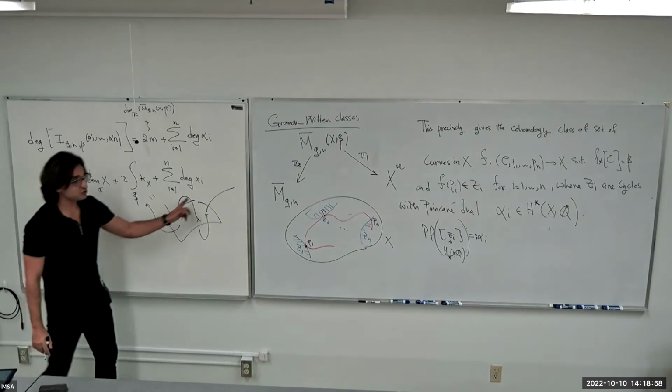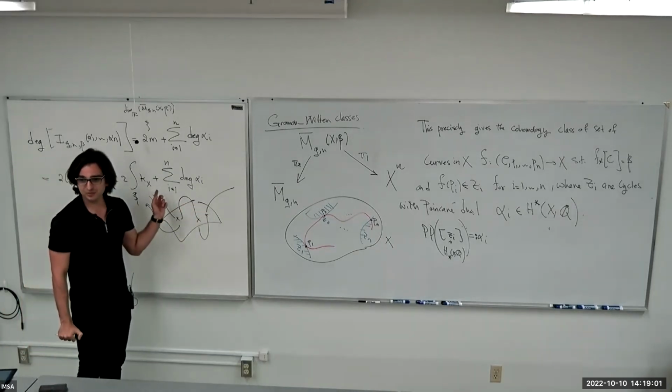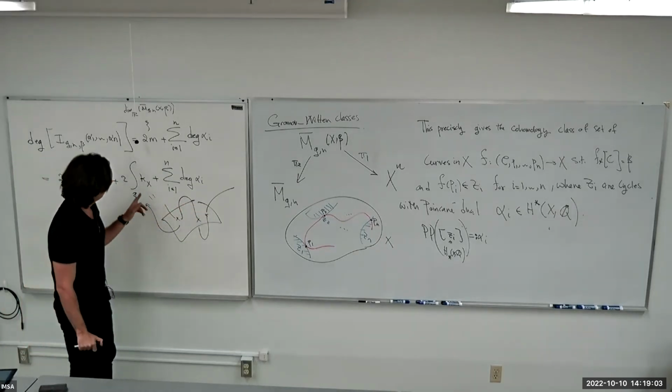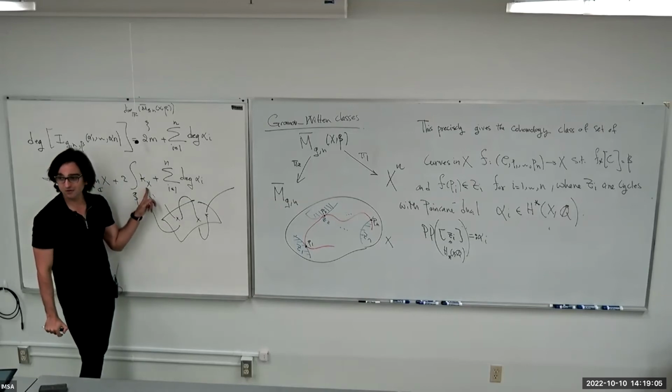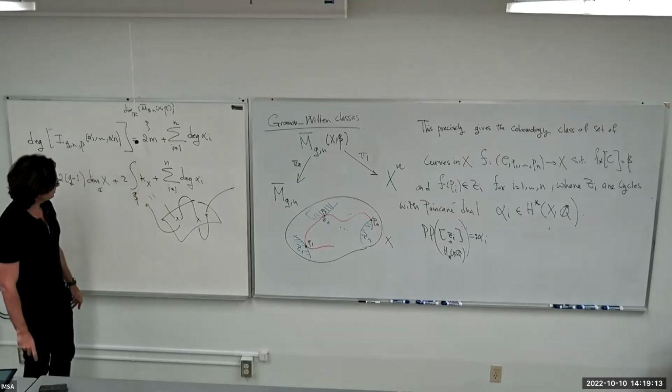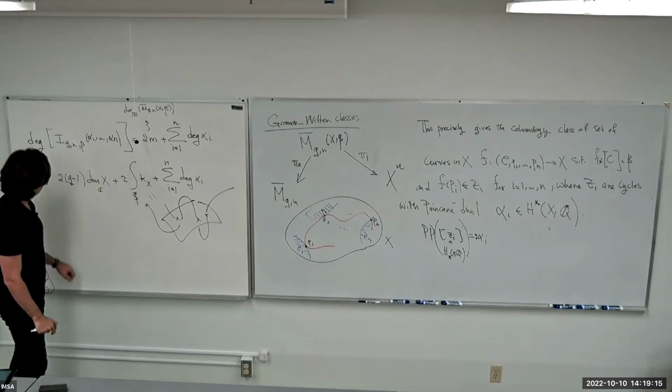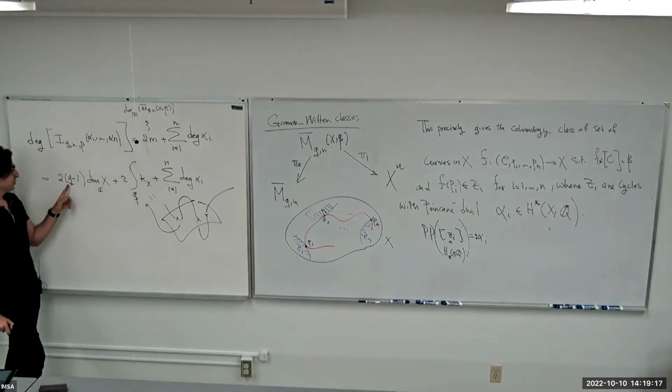When X is a Calabi-Yau, the canonical bundle is O, which means it meets at 0 points. So if X is Calabi-Yau, this goes away, and if genus is 0, this is 0, and this is a negative number.